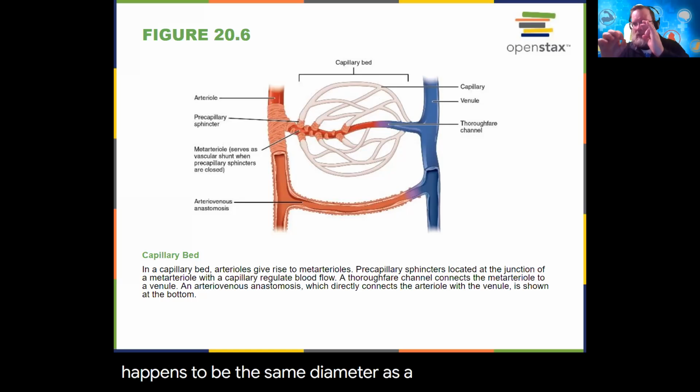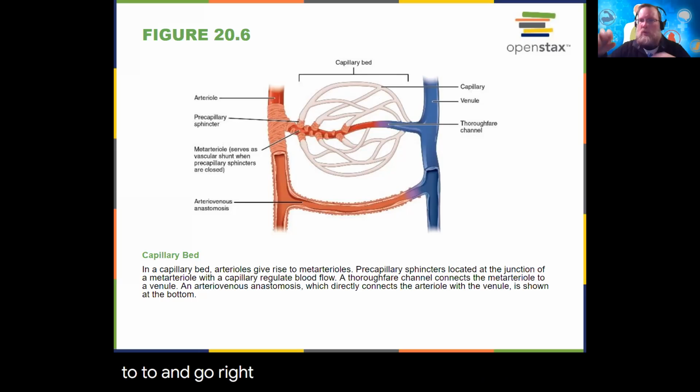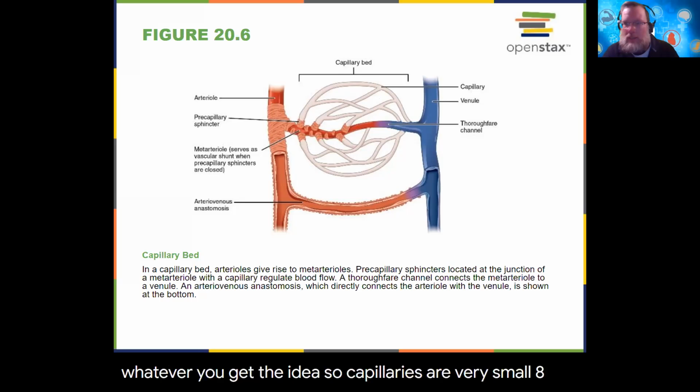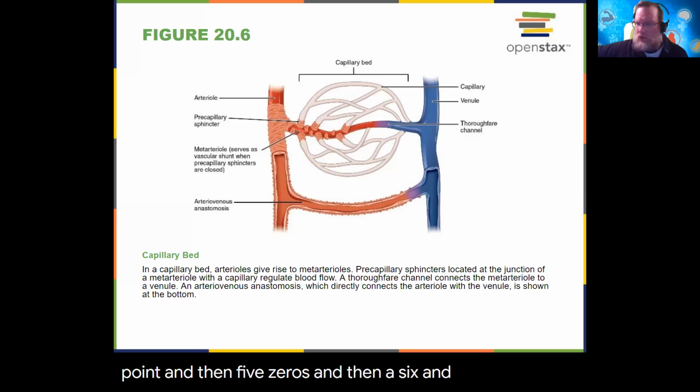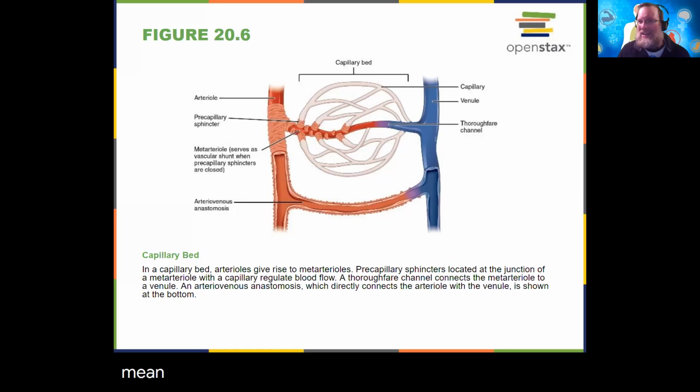So red blood cells line up single file and go right through the tube. Capillaries are very small, 8 microns in diameter. That's 8 times 10 to the negative 6. So extremely small.